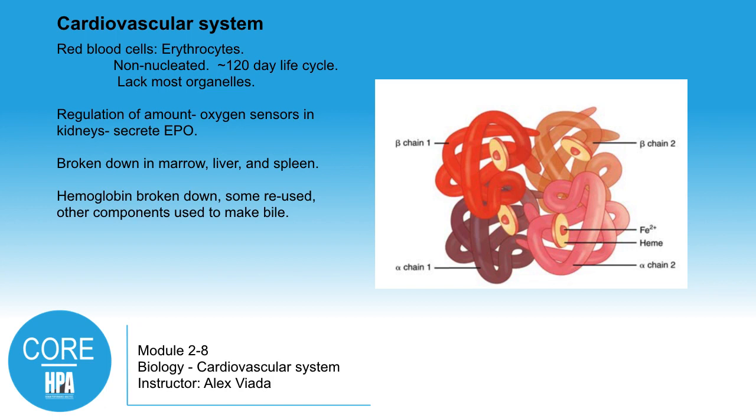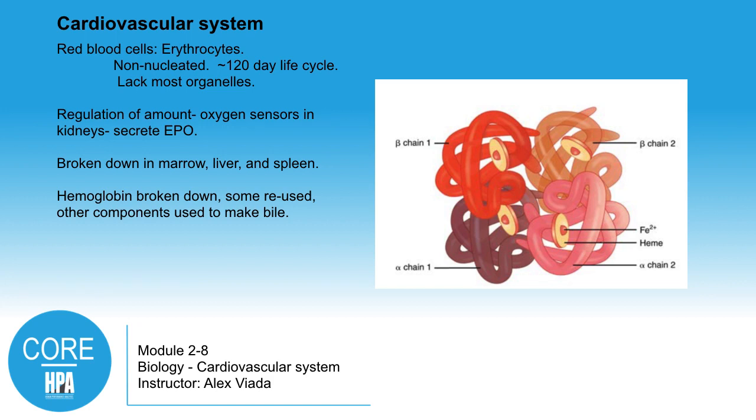Anyway, hemoglobin itself, at the end of this 120-day life cycle, the red blood cells are typically nearing their end, and the bone marrow, liver, and spleen all have regions that break these blood cells down and reharvest the hemoglobin. Hemoglobin is very interesting when it's broken down.